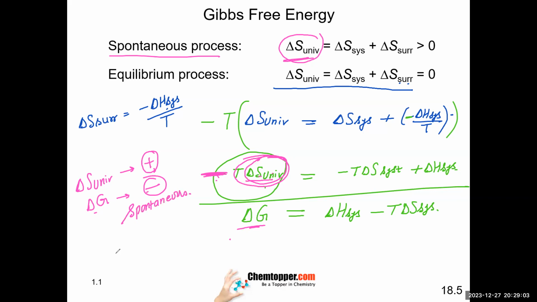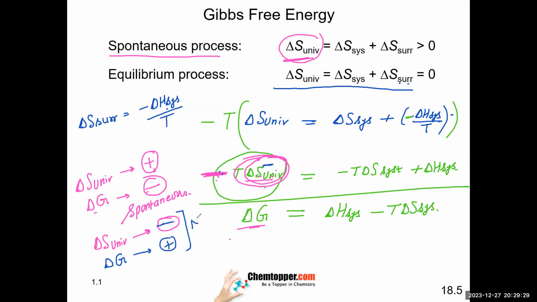Now check. If delta S universe is negative, now Sammy, what will happen? This is negative, this is negative, negative, negative will become positive. In that case, your delta G value will be positive. But negative entropy, the universe doesn't want. So what does it mean, Yusuf?